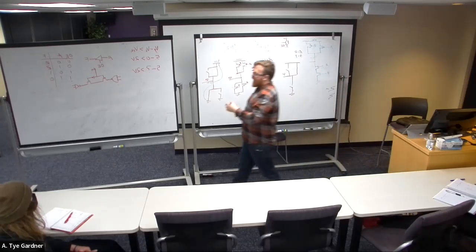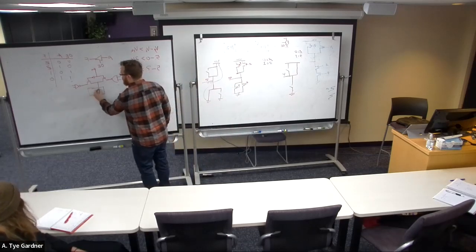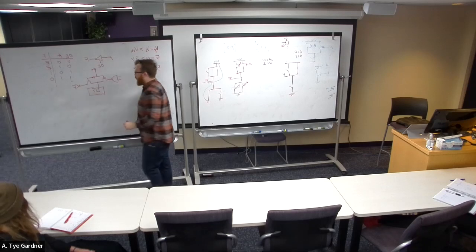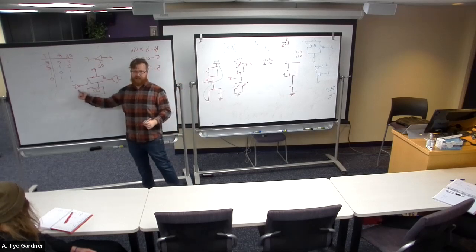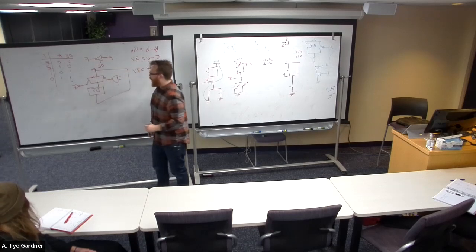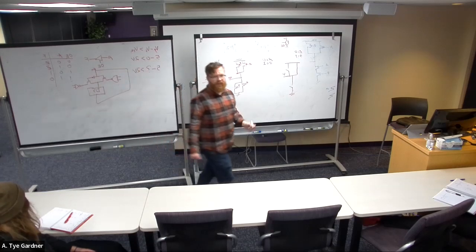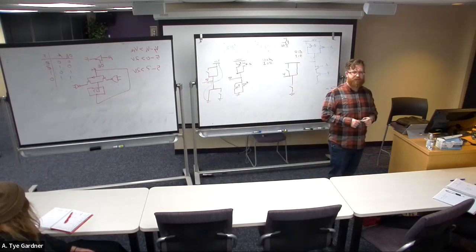So in this case, let's say that there's a third device down here. And this device sometimes wants to listen to this NAND gate and sometimes wants to listen to this NAND gate. And so it sends out a signal called enable that tells it when it wants to talk to which one. Make sense?